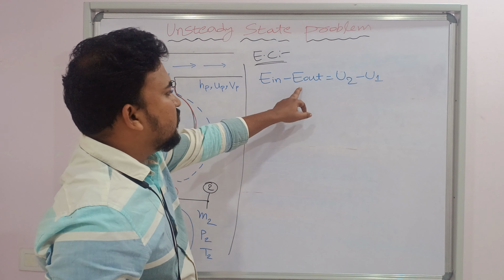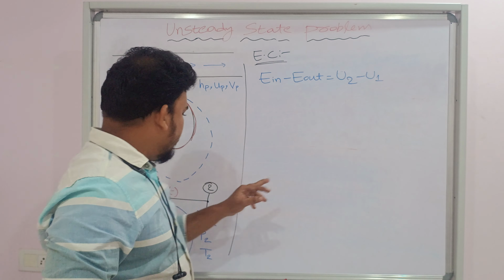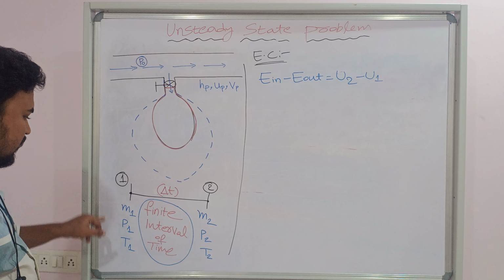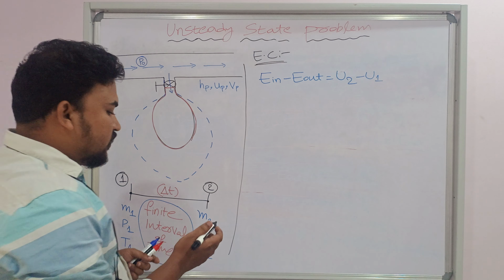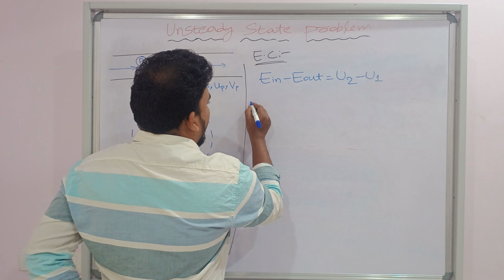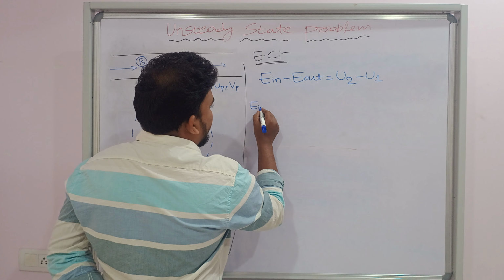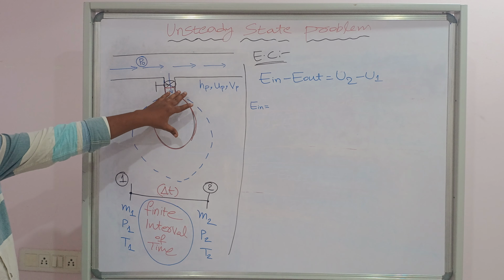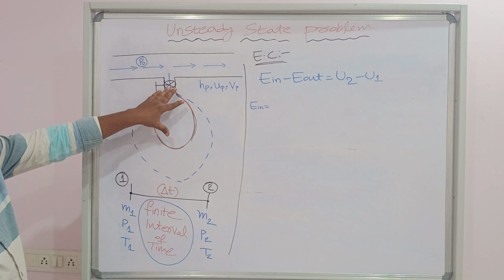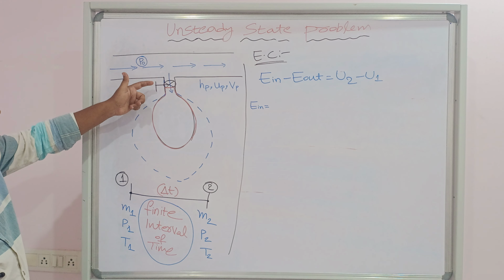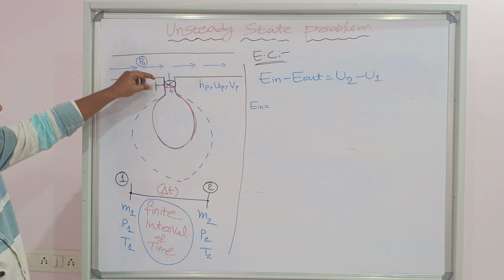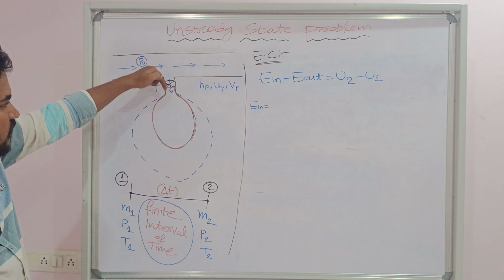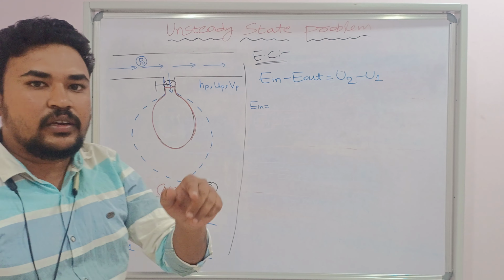Okay, now I want to see what is E in and what is E out. Already you know U2 and U1, because at state 2 this is the internal energy, and at state 1 this is the internal energy. What is E in to the control volume? See, when the balloon is just fitted, the valve is closed. Whenever the valve is open, the mass is entering, right? Whenever mass is entering, it is not coming alone.